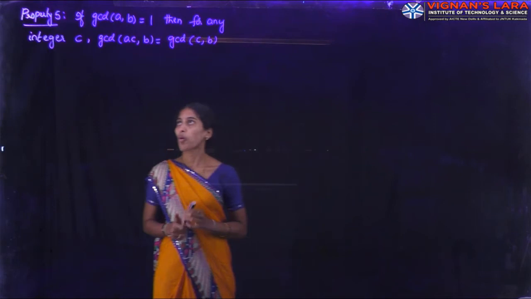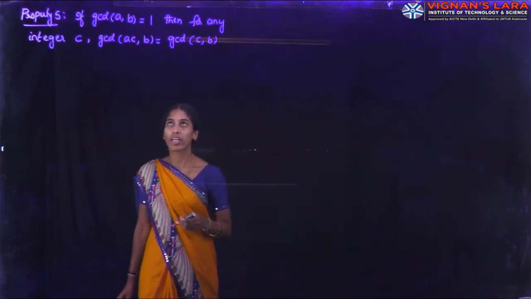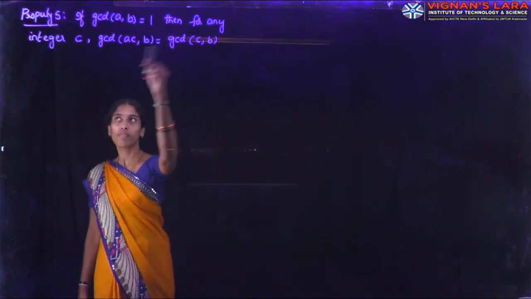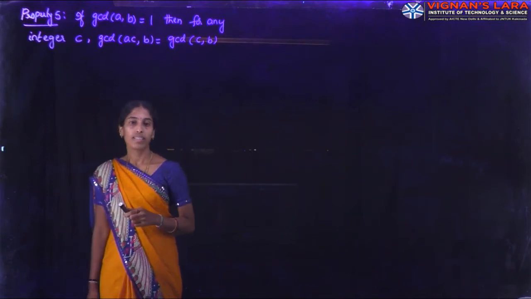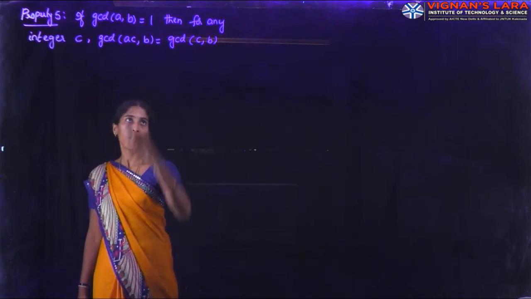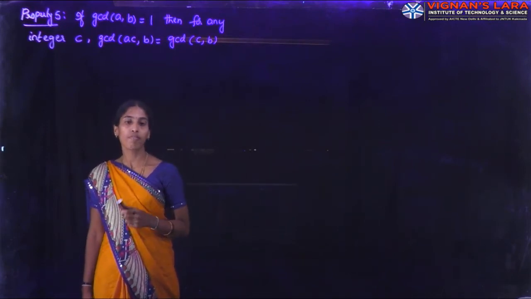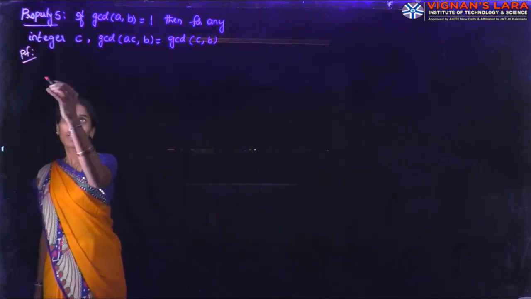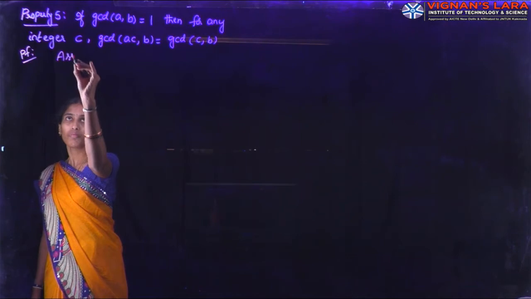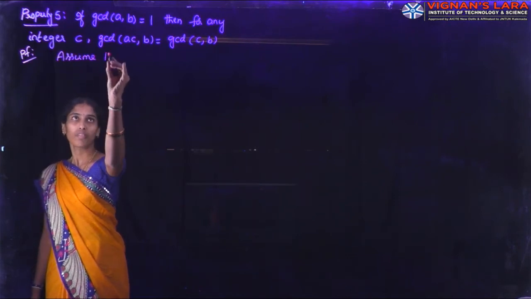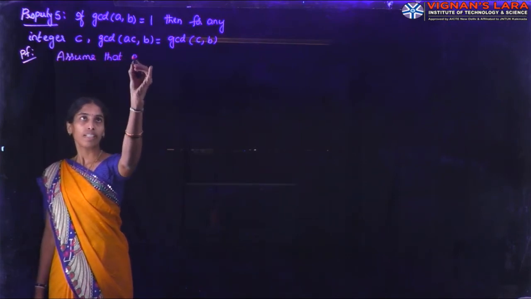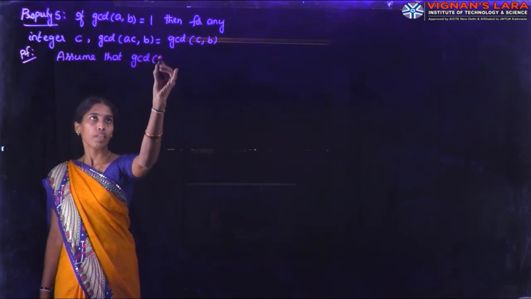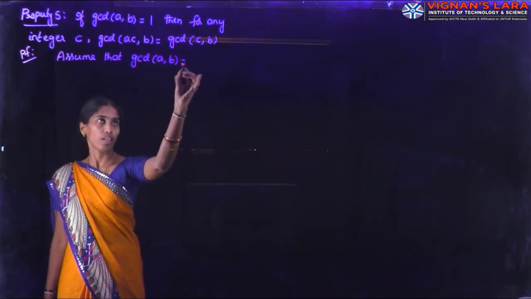Next, property 5: if GCD of A, B is equal to 1, then for any integer C, GCD of AC, B is equal to GCD of C, B, right? So, assume that GCD of A, B is equal to 1, right?